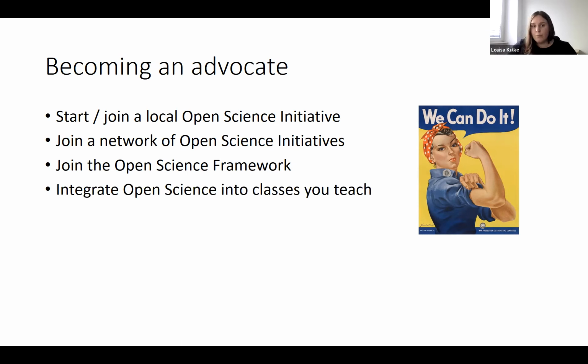You can integrate open science into your classes if you teach any classes. So if you're teaching classes, even if it's something completely unrelated to open science, for example, I'm teaching developmental psychology. And what I can do there is, if I read papers with my students, I can ask them, how reliable do you think that is? Or we can compare a paper that was pre-registered and one paper that wasn't, and think about which one is more reliable. What should they have done differently?